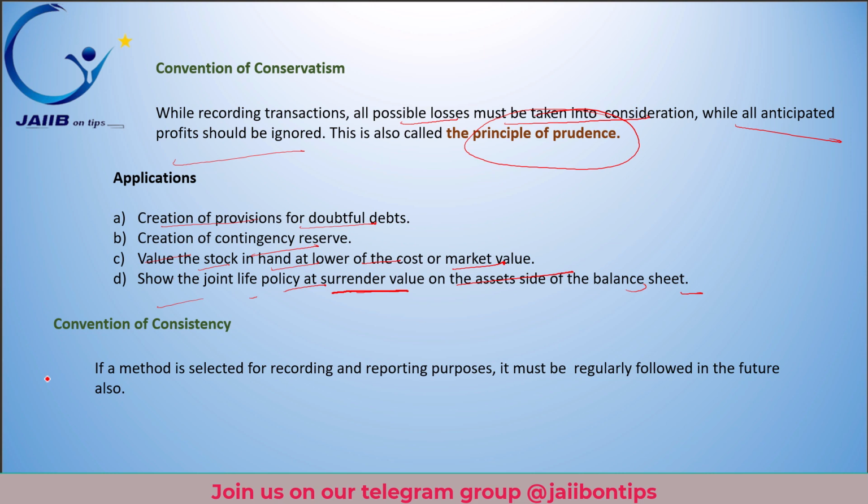This means that once a company chooses a certain way to measure or record something, it should stick to that method unless there is a valid reason to change, right? So consistency helps ensure that the financial information is comparable and reliable from one period to another, making it easier for users of financial statements to understand and analyze the company's performance over time.